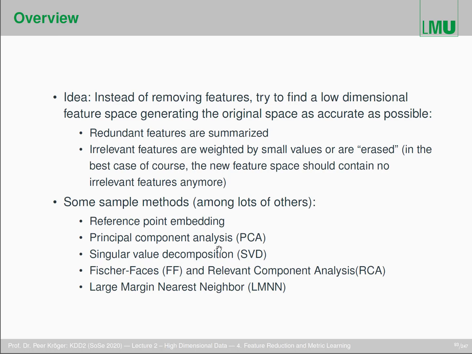We will have a look at that. And then we'll have a closer look at different model-based feature reduction techniques. One is called the Fisher faces. A second one is called relevant component analysis. And last but not least, we'll have a look at the so-called large margin nearest neighbor method.